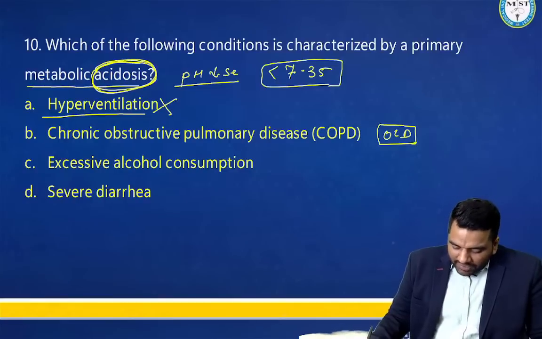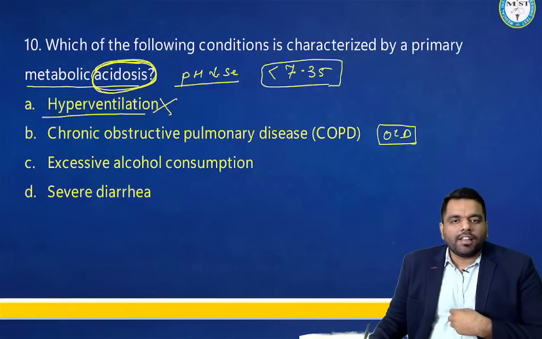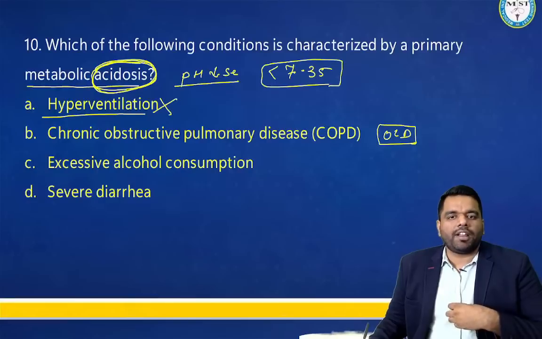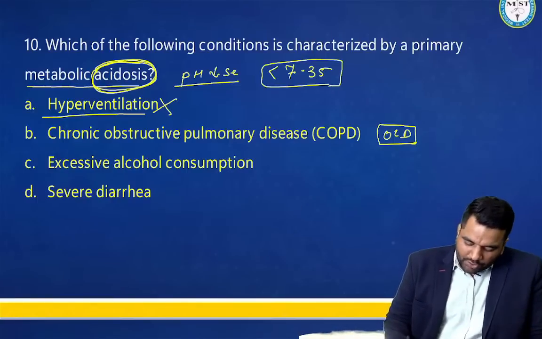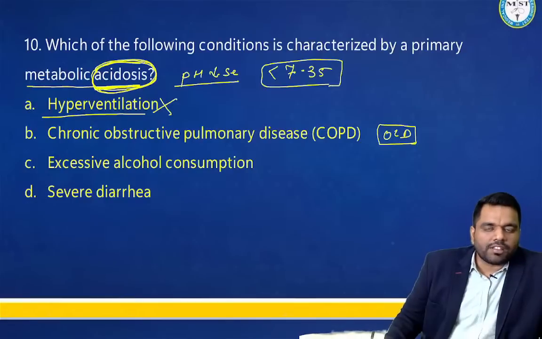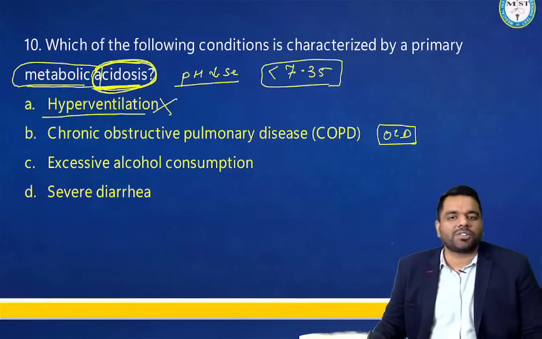So what is happening? More CO2 is present inside the body, and this CO2 is not moving out properly. So this should ideally cause respiratory acidosis, but here the option says metabolic acidosis.